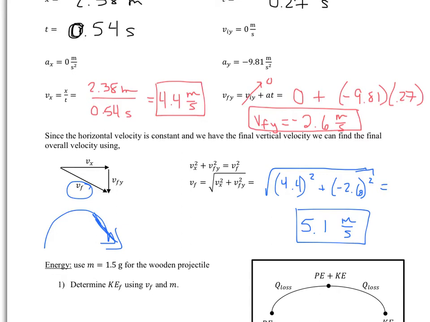They were always smaller than 10. Well, now look at what we've got. 5.1 is the overall velocity. And look at the two velocities we had in the components, 4.4 and 2.6, both of which are smaller than 5.1. Just a quick sanity check. So that tells us that the velocity of the wooden projectile on impact, when it hit the ground the first time, is 5.1 meters per second.